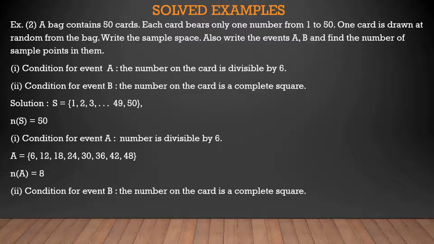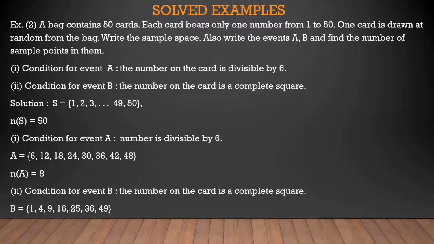Second is condition for event B: the number on the card is a complete square. So B is equal to 1, 4, 9, 16, 25, 36, 49. So we have to find out that the complete squares should be between the numbers 1 to 50.